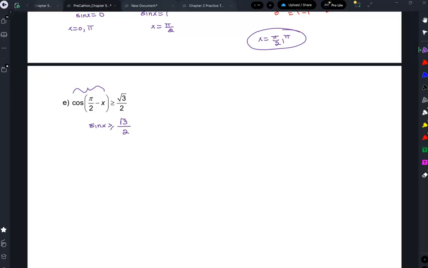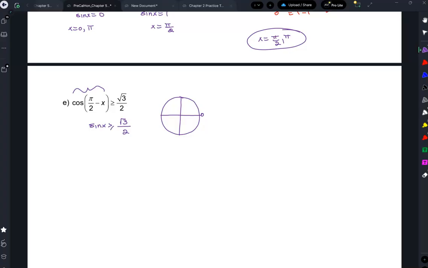So let's go on the unit circle. Now, is sine the y value or the x value at a point? The y value. If I'm at 0, what's sine? 0.